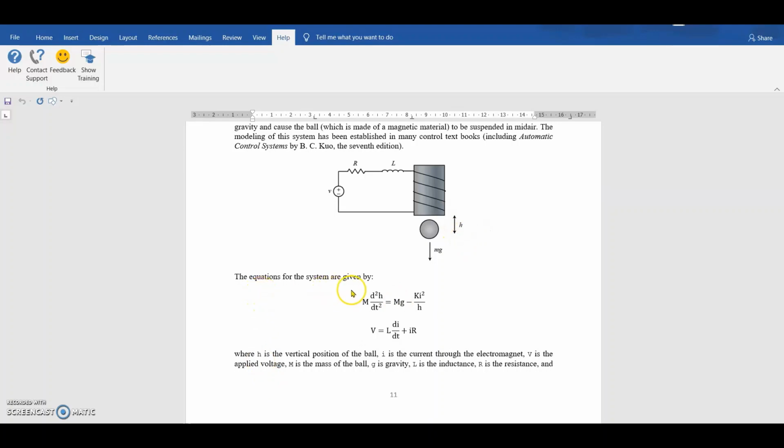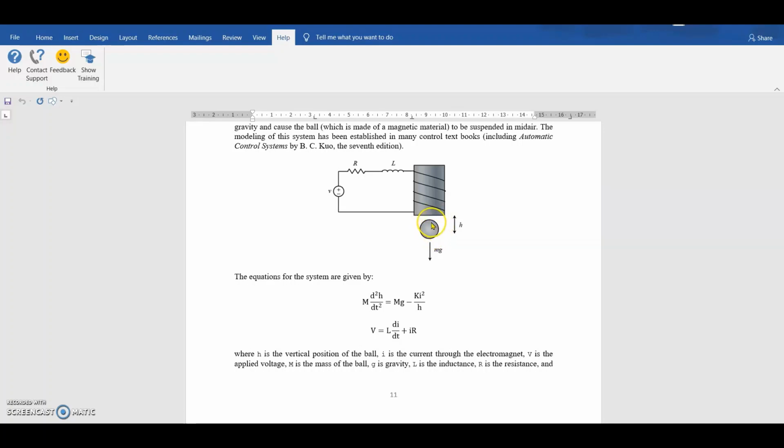So the equations of this system are given like this: m d2h by dt square is equal to mg minus ki square by h, where i is the current in the circuit. This is the equation using Newton's second law. So m into a, this is nothing but acceleration. If we look at this ball, there are two forces acting on it.